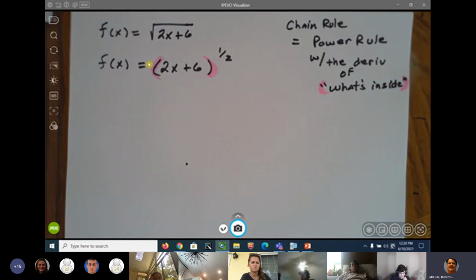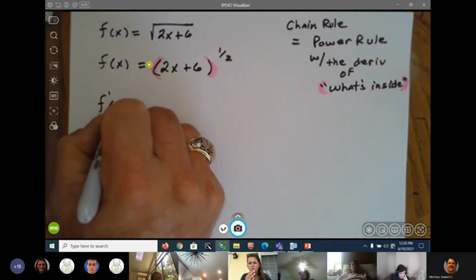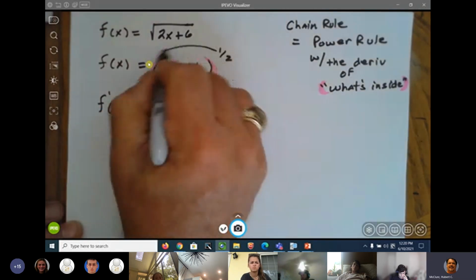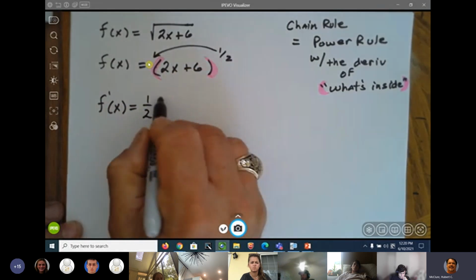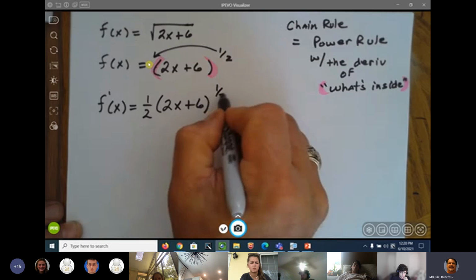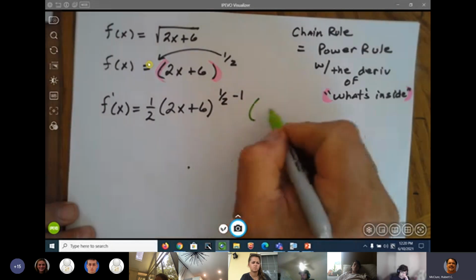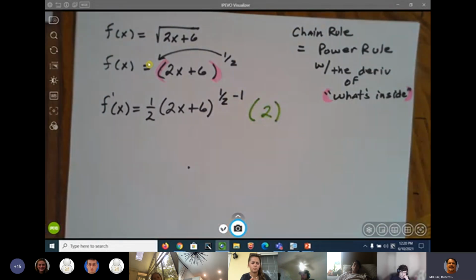So with that being said, we're going to do the power rule. f prime of x is equal to 1/2 times (2x plus 6) to the 1/2 minus 1, and then the derivative of 2x is what? 2.